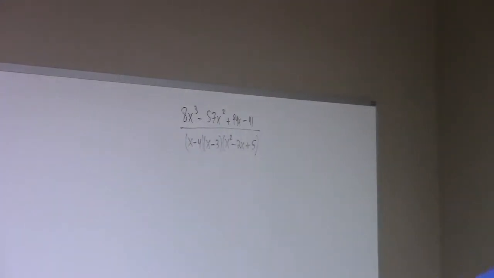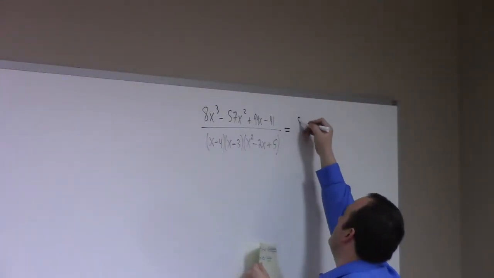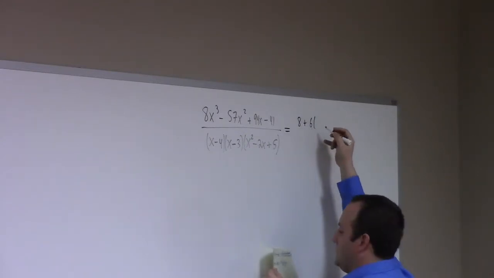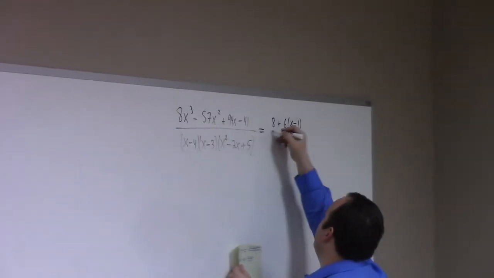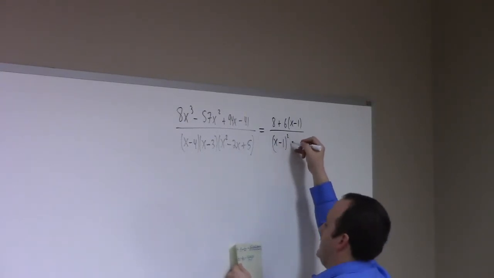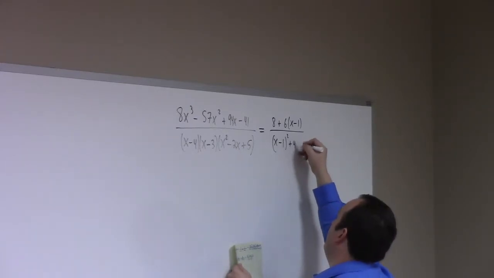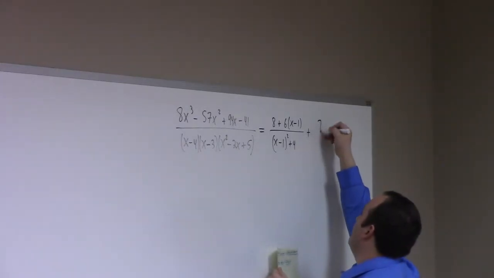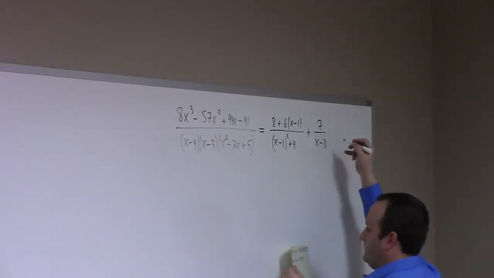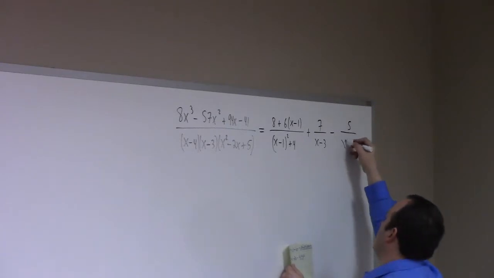In particular, I'm going to write it in a slightly different format than I did last time: (8 + 6(x - 1))/(x - 1)^2 + (4 + 7)/(x - 3) - 5/(x - 4).